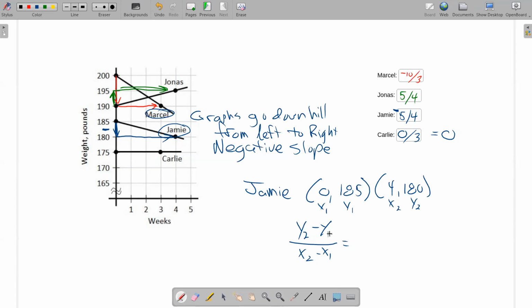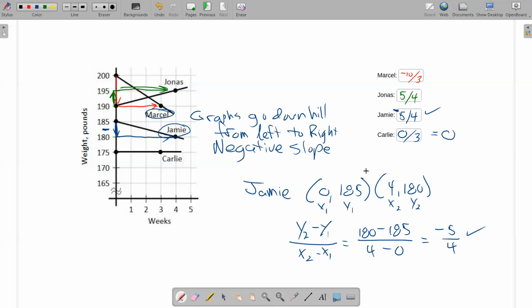So then y2 would be the 180 minus y1 is the 185. And then x2 would have to be the 4 minus 0. So 180 take away 185, that's a negative 5. 4 take away 0 is a positive 4, and that matches what I had just looking at the picture and drawing on the picture.